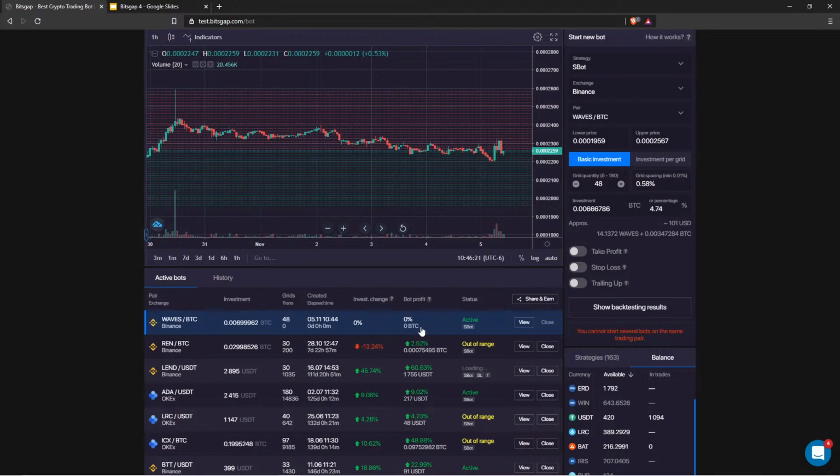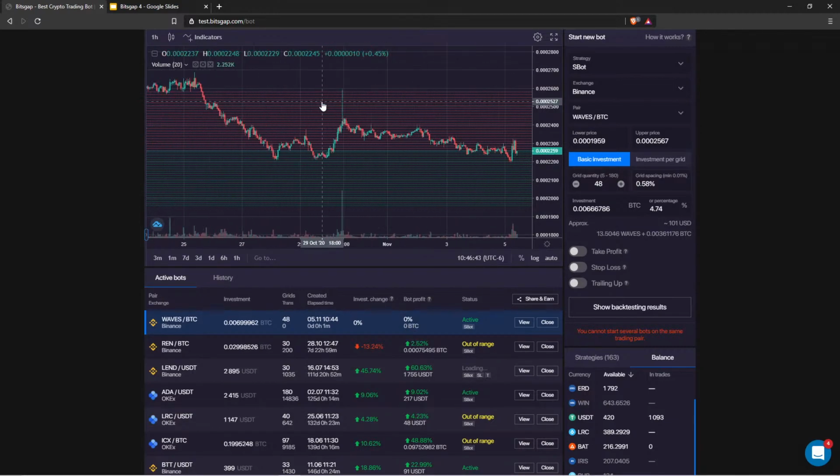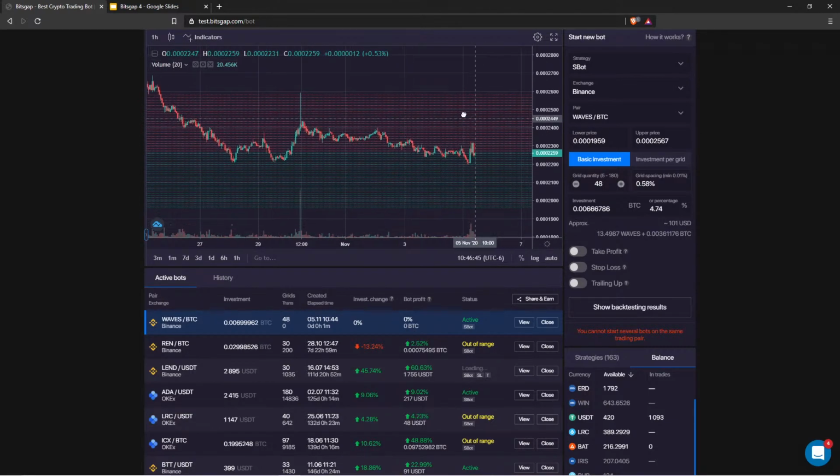As it buys low and sells high, it takes this marginal profit, and that's exactly what stands for the bot profit. But the bot profit is completely indifferent to the market volatility. The investment change is the opposite here. It takes into account not only the bot profit generated, but the value of the base currency changed with time.